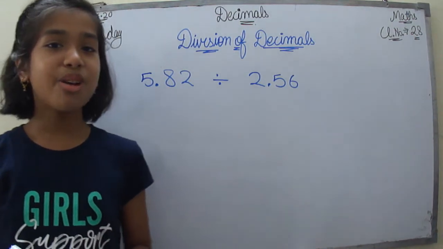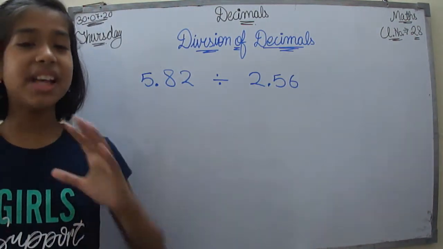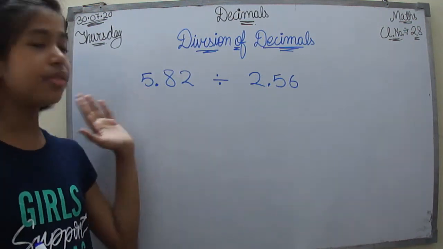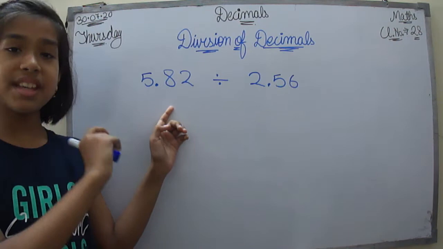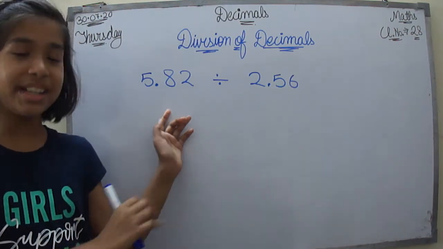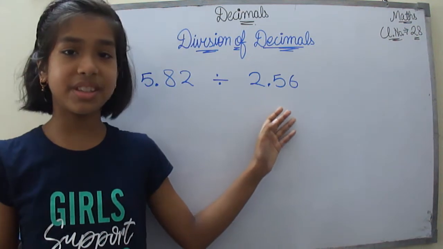Okay, so how can you divide this? As we all know, the first number which we are going to divide is known as the dividend, and the number which divides is known as the divisor.